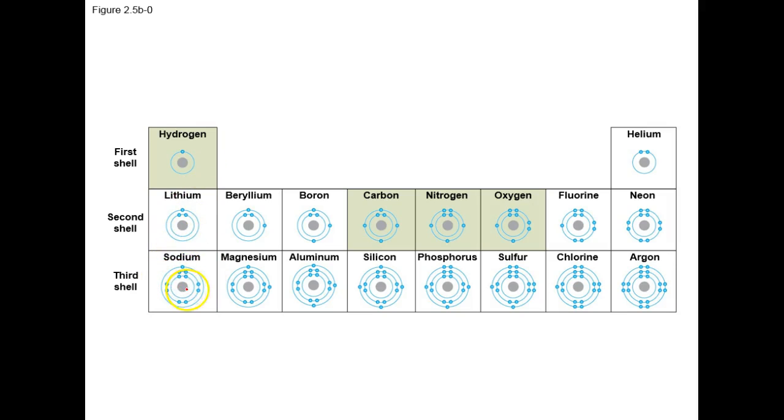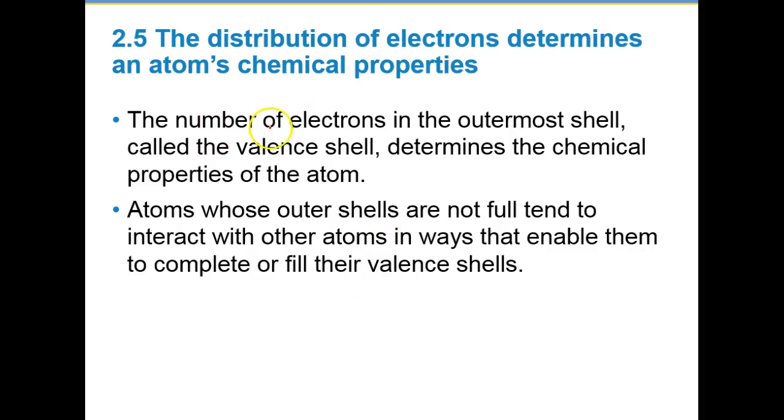All these have 1, so they behave similarly. All of these have 7 on the outermost shell, so they react similarly. We'll talk about that. The number of electrons in the outermost shell is called the valence shell, and that determines the chemical properties of the atom.